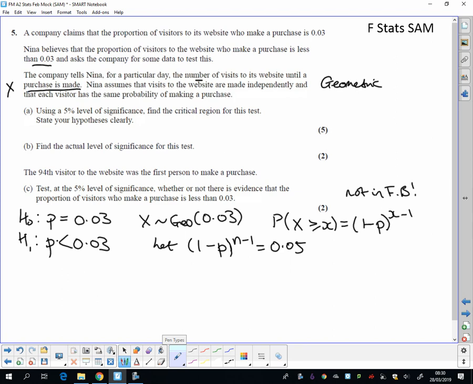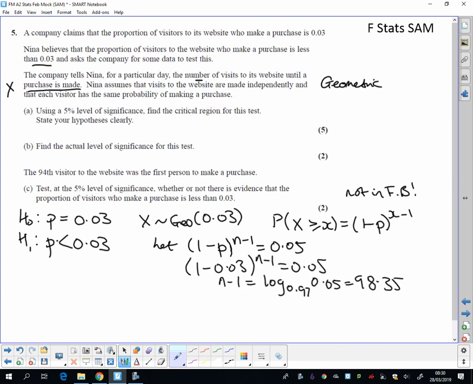Find our value for n and then work out which way we need to go. So 0.97^(n - 1) = 0.05. We can solve that using logs. Remember, your calculator could do log to any base. So I get n is 99.35.